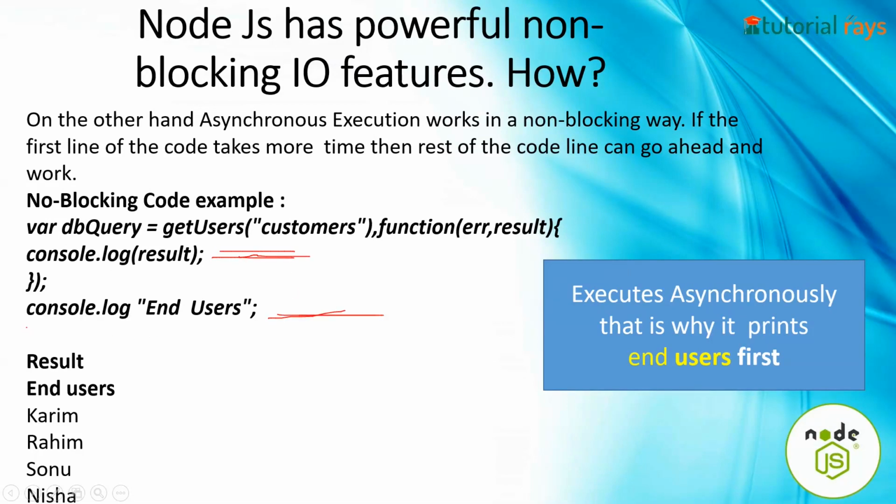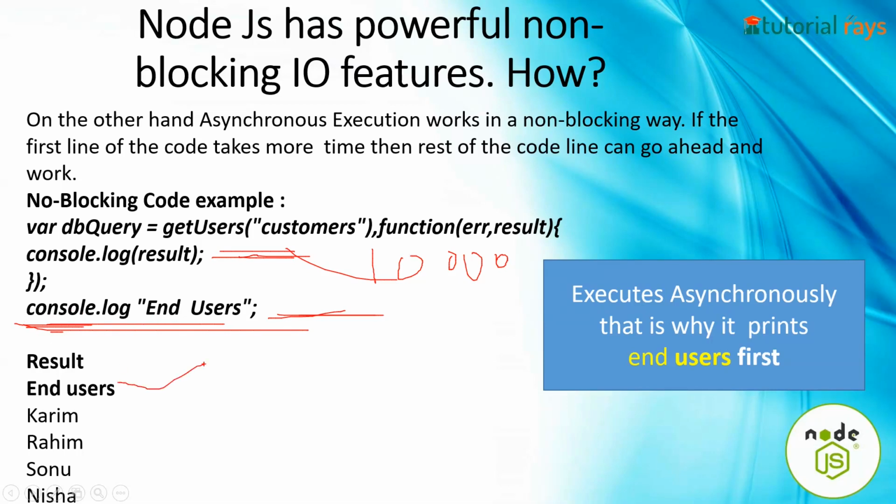Once again here there are 10,000 customers. Then what it will do, like a smart, wise customer, it is seeing that this is just one line of code, so why not print this one first. Through the event loop, which I will explain further, Node.js is smart, and it will print this first, the end users message.